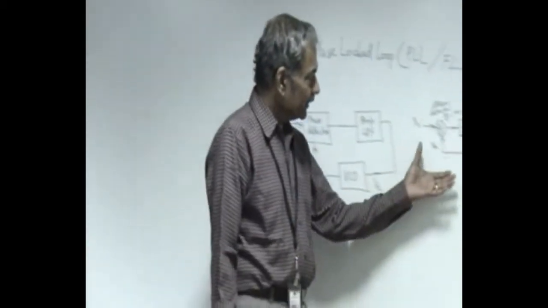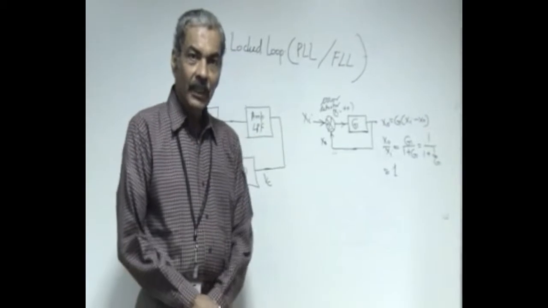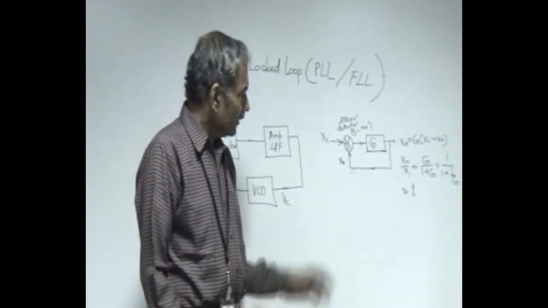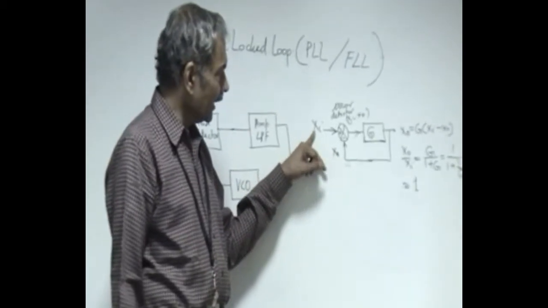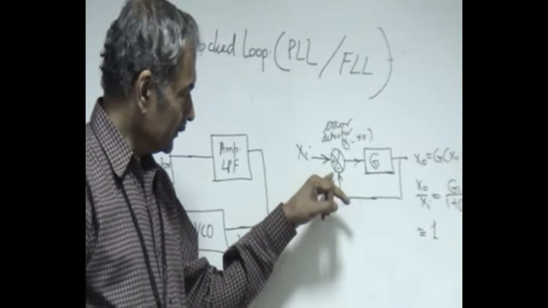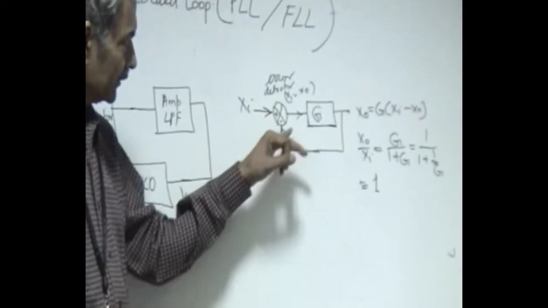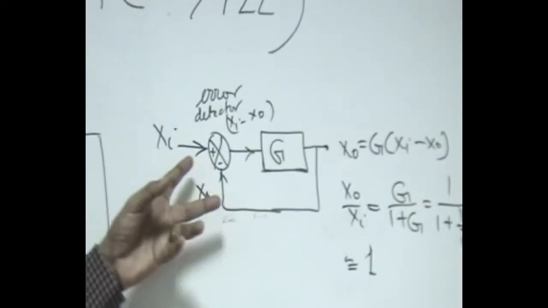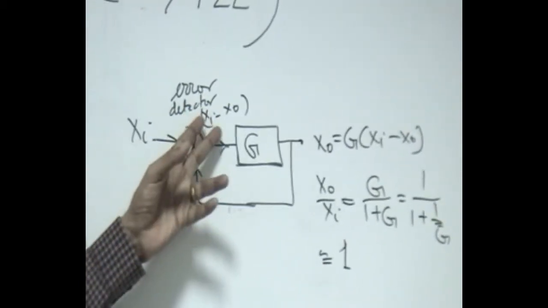Now this is a conventional feedback system in controls, which has been taught to almost everybody. We have any variable xi at the input, and an error detector senses the output variable x0 as xi minus x0.